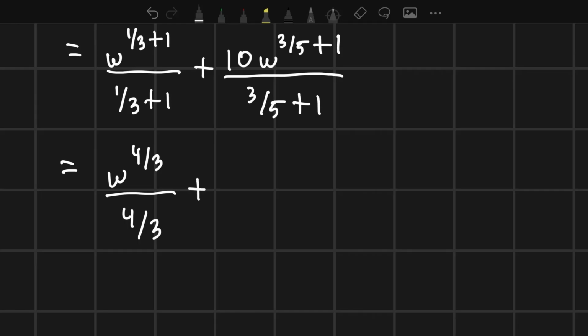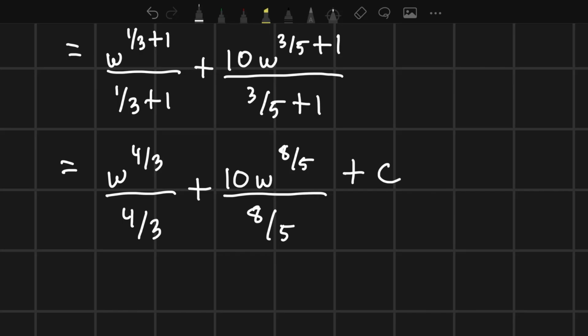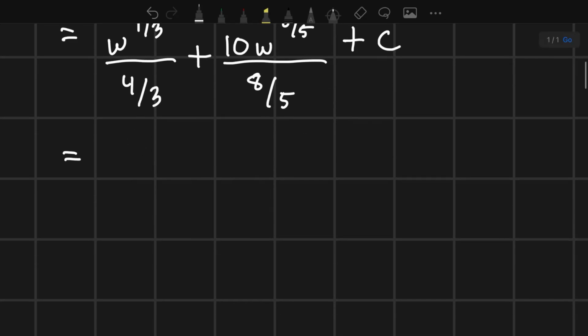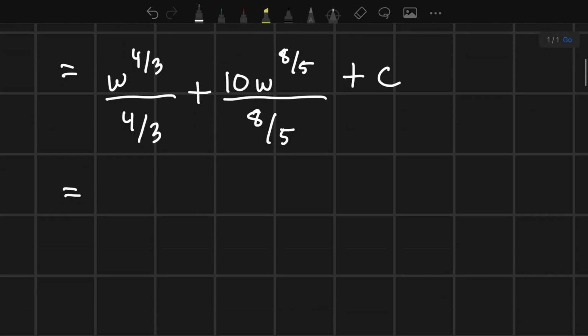And then we have 10 w, where 3 over 5 plus 1 is 8 over 5, divided by 8 over 5, plus c. Technically, you're done with the question here, but you can simplify further just so it looks better.